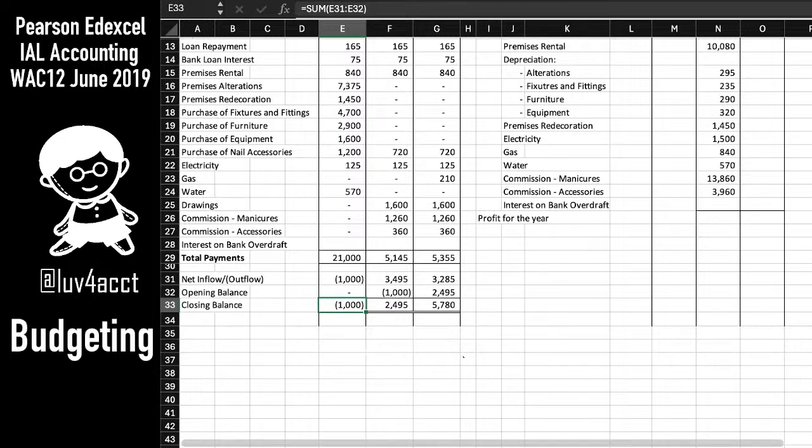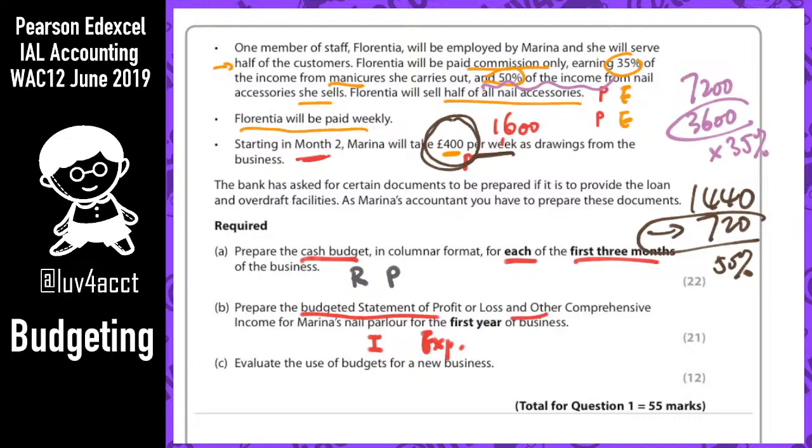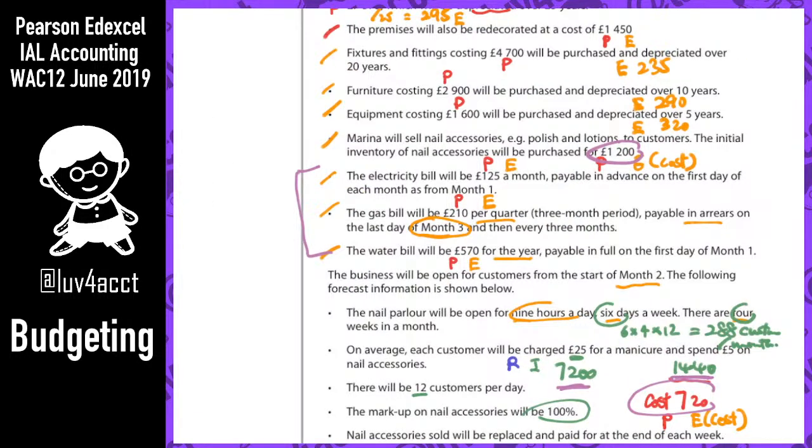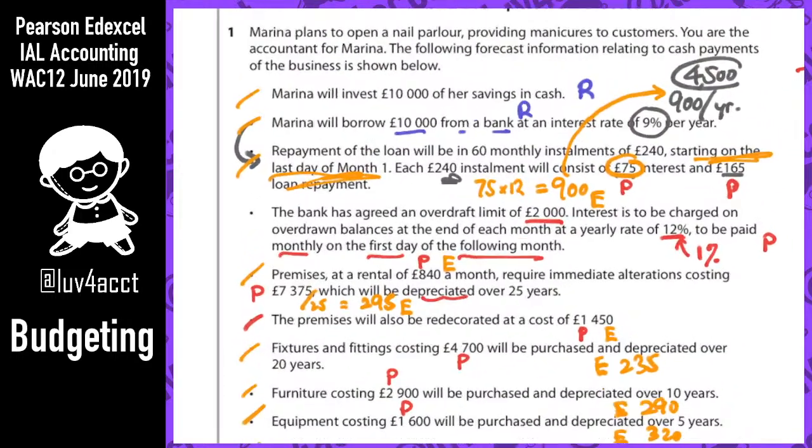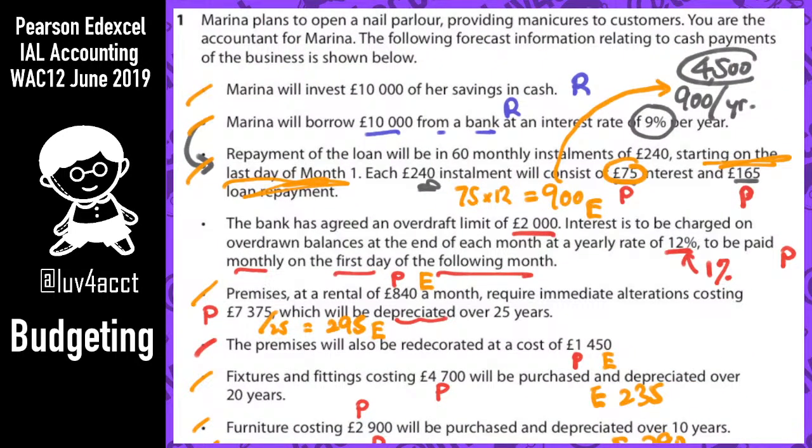So let us look at how interest on bank overdraft is to be paid. First page of the question, where, here. 2,000 overdraft limit. We can see we only use up half of it in the first month, and for the other months we have positive cash flows, so nothing to worry about. Just for the start of a business, we have to be careful with liquidity and cash flows.